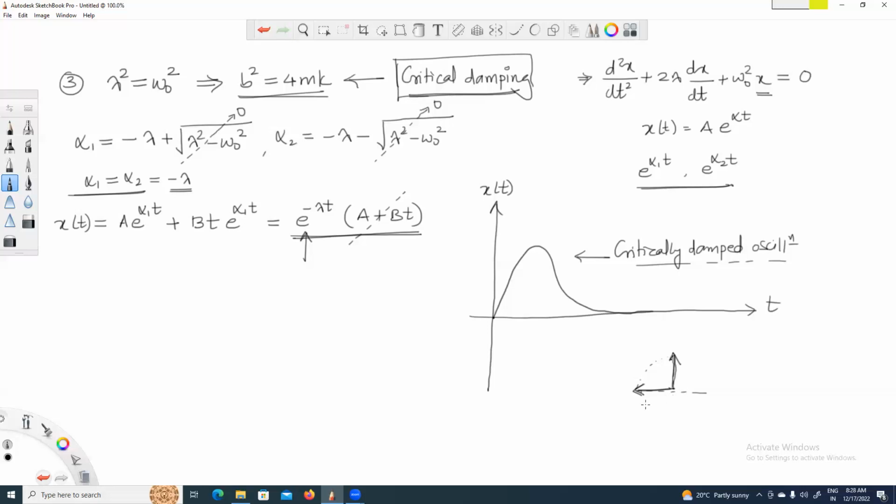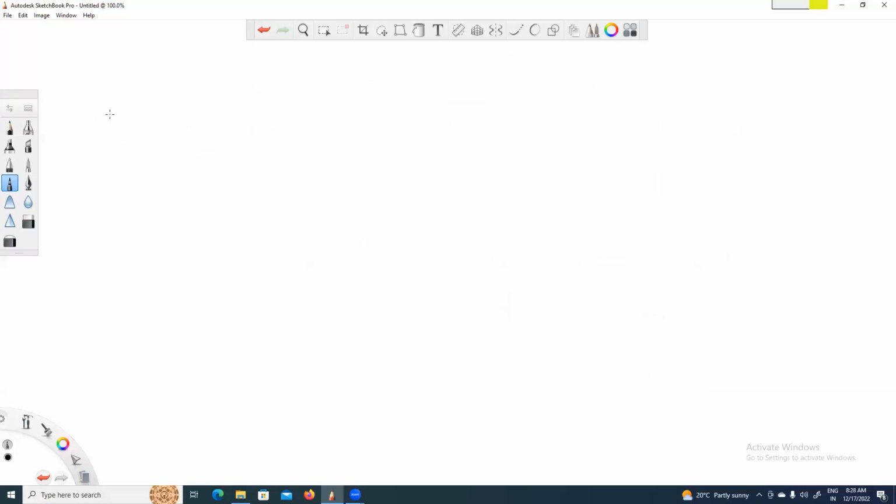So in a nutshell, let's revise this particular thing. We looked at the differential equation, where we started with m d2x over dt square, the inertial term, plus b times dx by dt, which is the resistive force, plus kx, the restoring force, equal to 0.